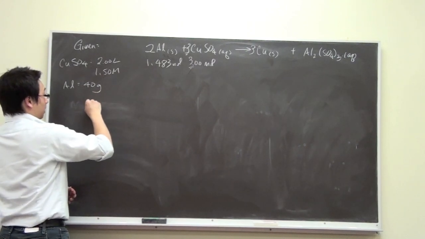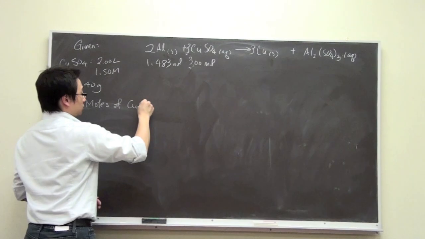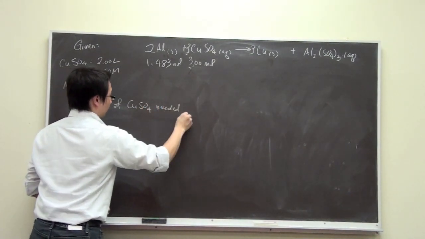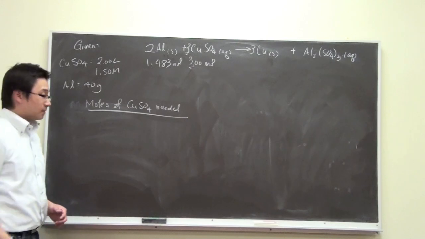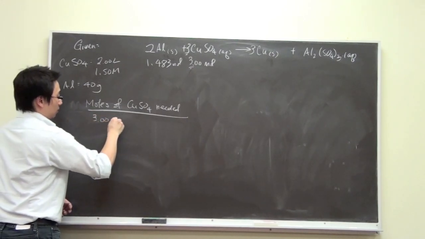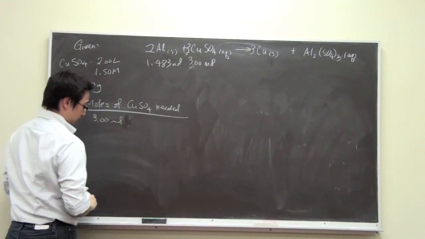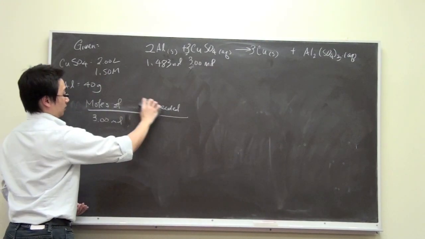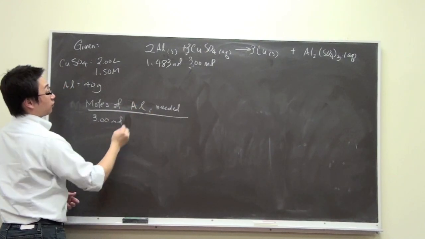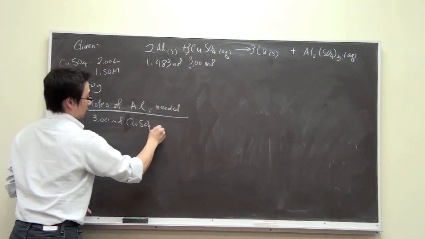So we want to find out the number of moles of aluminum required, needed. So we start off with 3 moles of copper(II) sulfate.